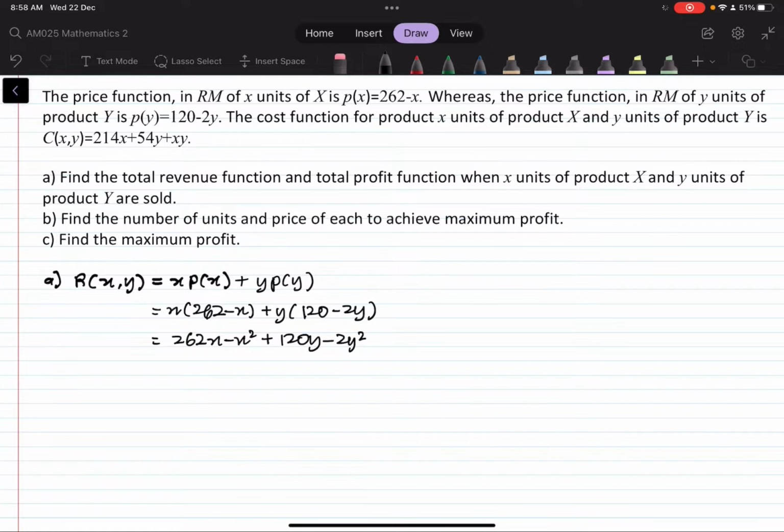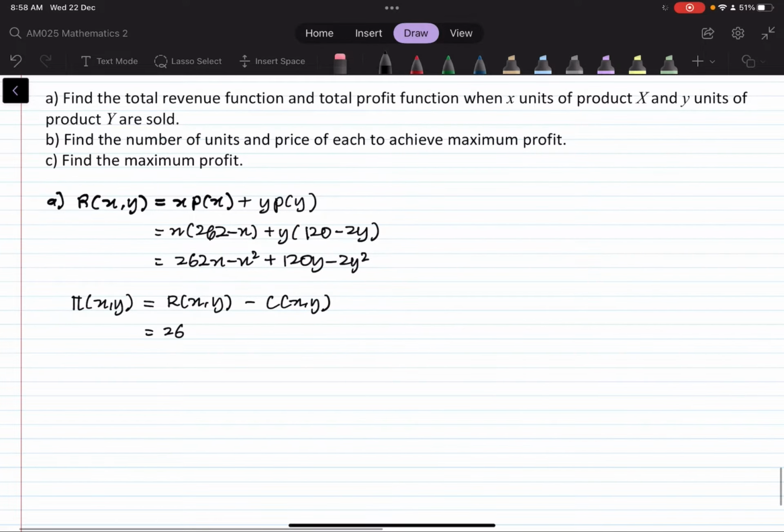For the profit function, let's denote it with pi xy equals revenue minus the cost function. So 262x minus x squared plus 120y minus 2y squared minus the cost function.